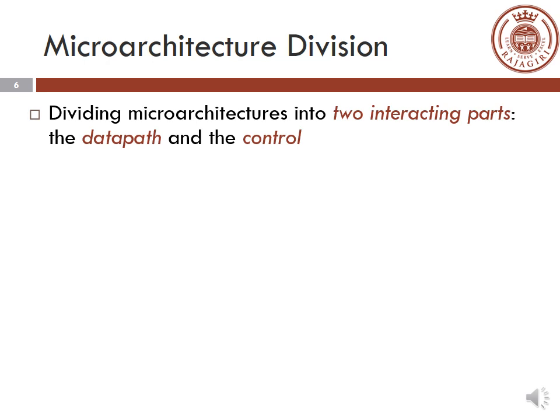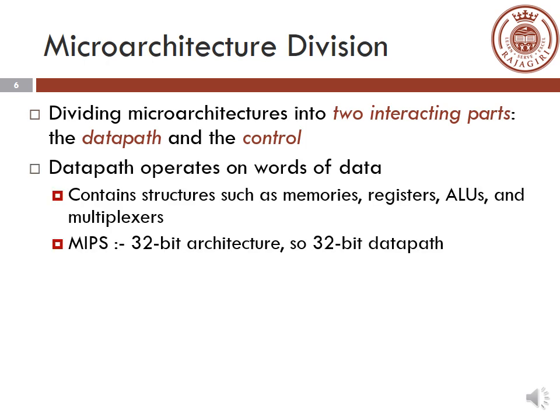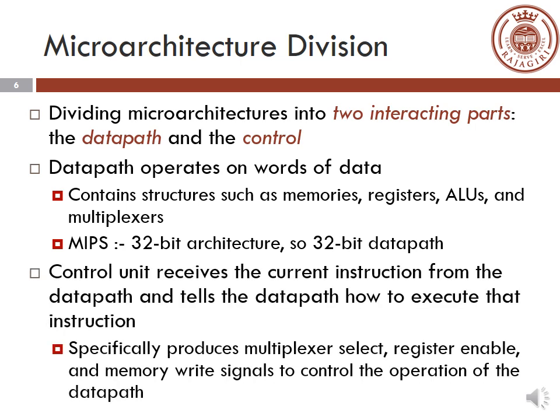MIPS basically has a 32-bit data path, and as the name suggests, it deals with the data. It consists of memories, registers, ALUs and multiplexers. These are the structures used as part of the data path. The second one is the control unit.